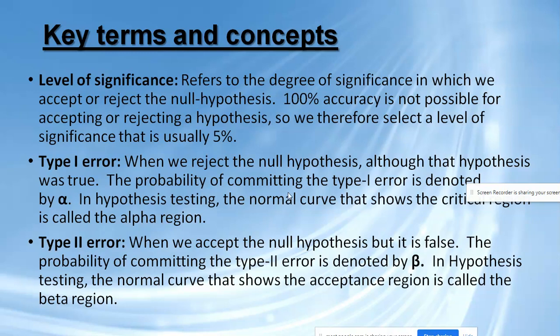I have already told you what level of significance is. It refers to the degree of significance at which we accept or reject the null hypothesis. So 100% accuracy is not always possible. Whenever we are conducting research, you cannot guarantee that you will get a 100% result. So we select the level of significance, which is usually 5% or it can be 1%.